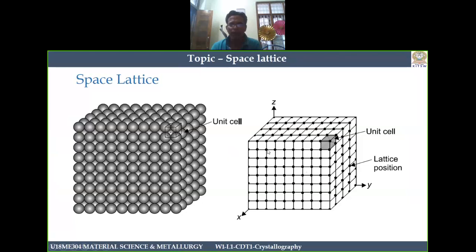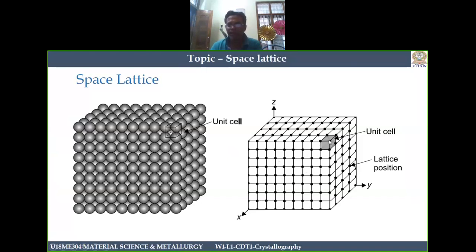Now, these two diagrams clearly indicate what a space lattice is. The right side diagram shows a cube and all the points are there. These points, if replaced by atoms, will become a space lattice of atoms.